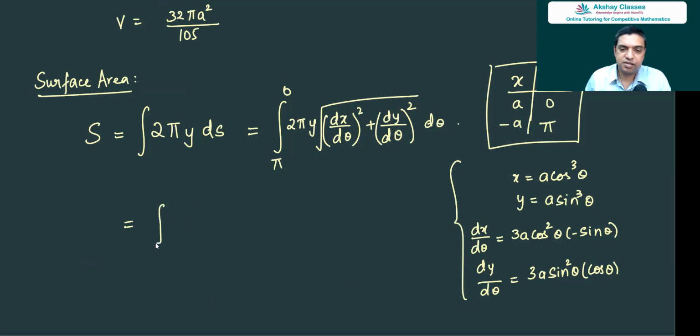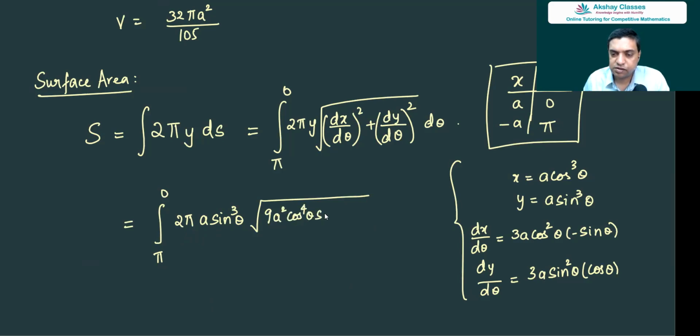So substituting this, we'll get integral 0 to pi. 2 pi y is a sine cube theta, and under root of this square, we'll get 9a square cos power 4 theta sine square theta plus 9a square sine power 4 theta cos square theta d theta.